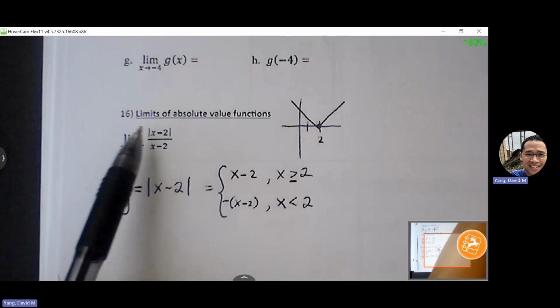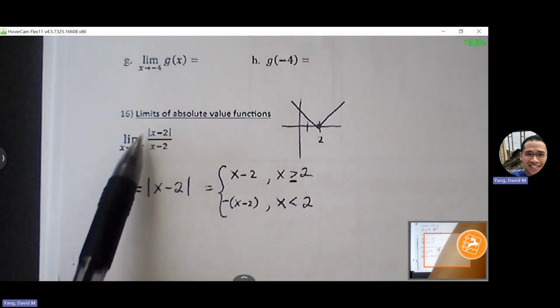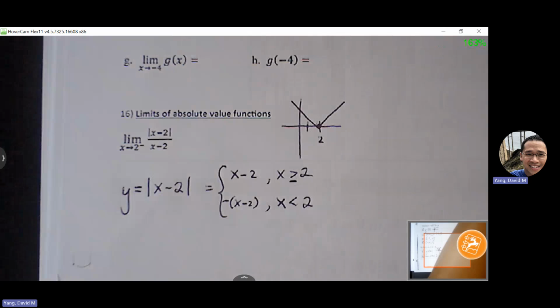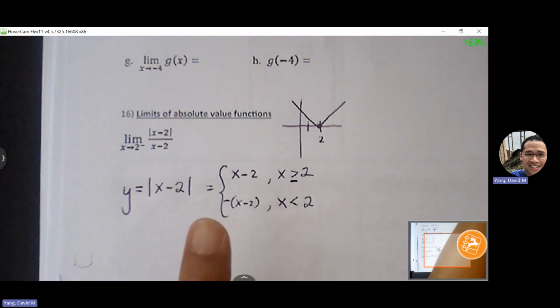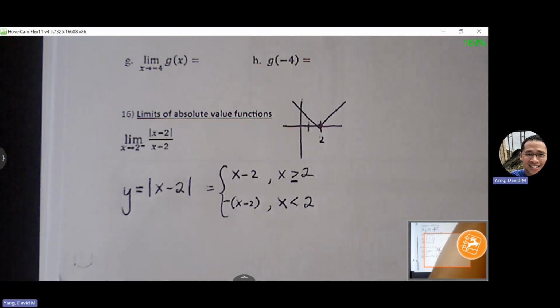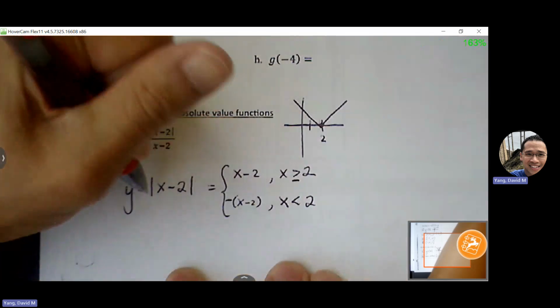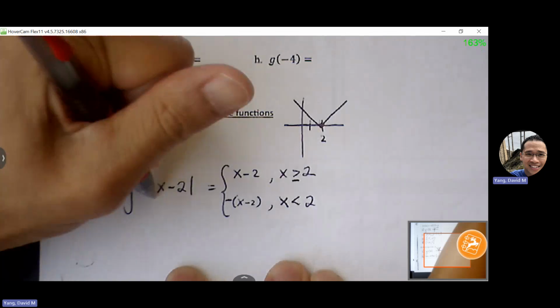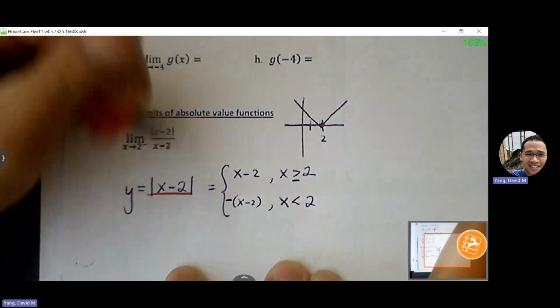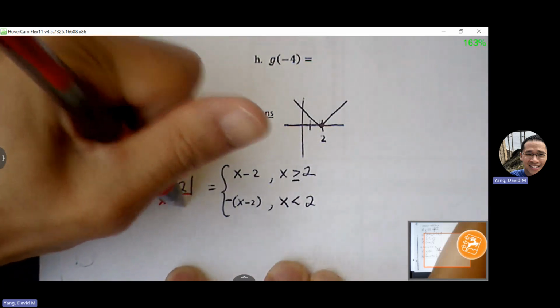Now, we know that this is not the full expression, right? This is only the numerator portion, the absolute value of x minus 2. But if we know that this is the same thing as this, then we can divide everything by x minus 2 and see what happens with this piecewise function. So the function that we're really worried about is the absolute value of x minus 2 divided by x minus 2.